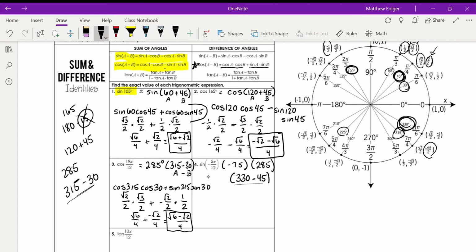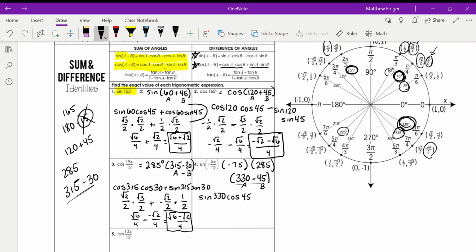So sine of A minus B. All right, that's this formula up here. So sine of A minus B is sine A times cos B. So it'll be sine 330 cos 45. And by the way, when you're doing subtraction, the B is a positive number.